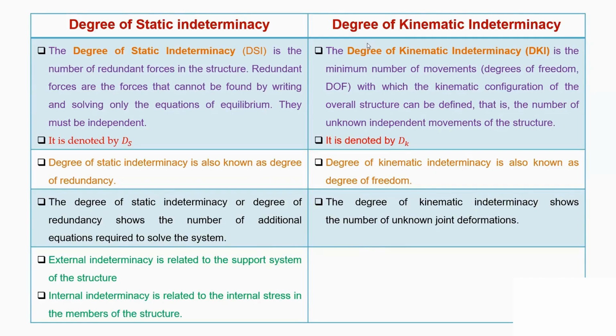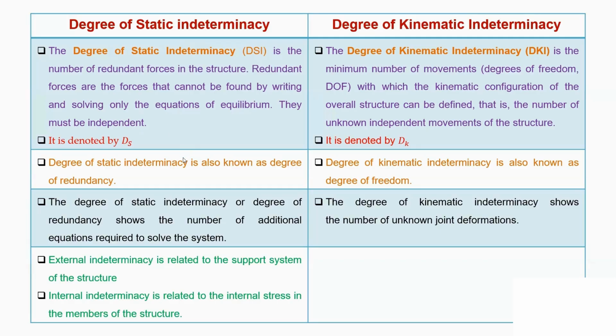Whereas the degree of kinematic indeterminacy is the number of movements of a joint. We can call this the degree of freedom also, with which the kinematic configuration of the overall structure can be defined. Here the unknowns are the independent movements of the structure, whereas in static indeterminacy the unknowns are related to the redundant forces. The degree of static indeterminacy is denoted by ds, whereas the degree of kinematic indeterminacy is denoted by dk.